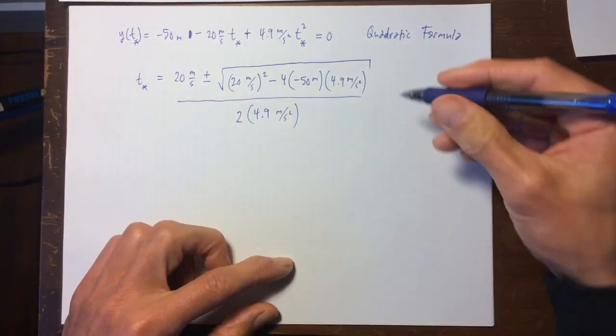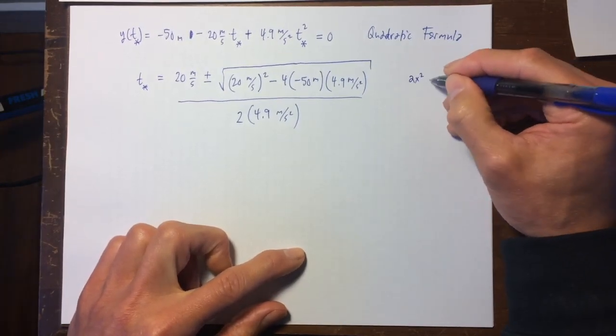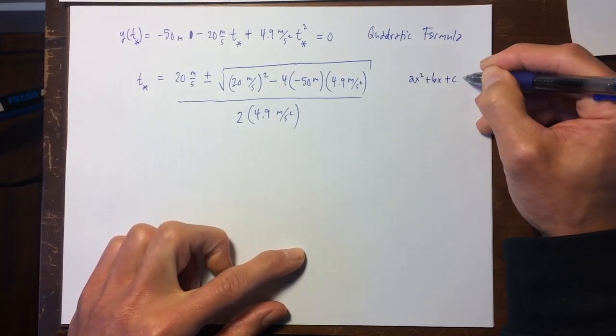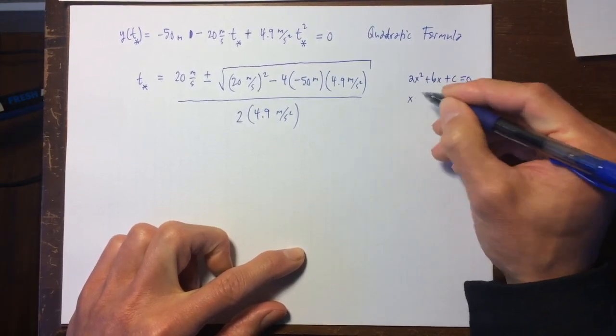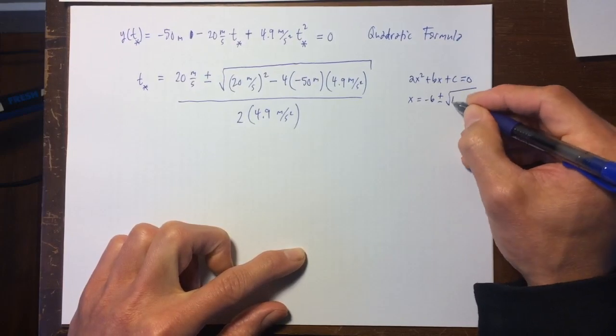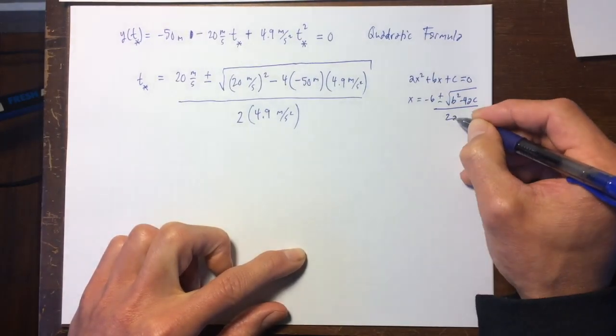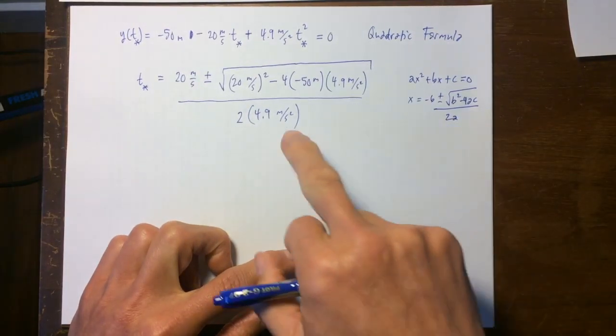If you remember, the solution to ax squared plus bx plus c equals 0 is x equals the opposite of b plus or minus the square root of b squared minus 4ac, all divided by 2a. So that's what I've done here.